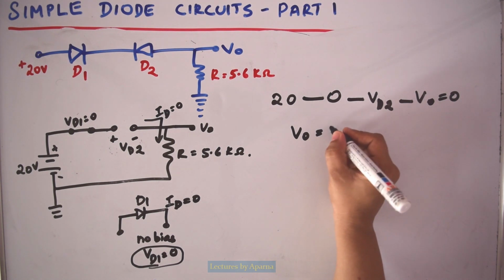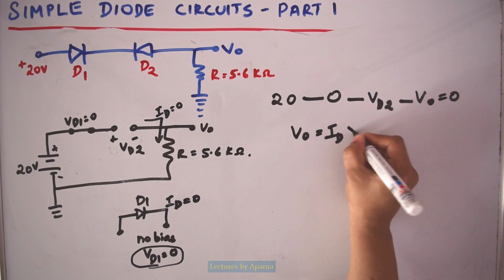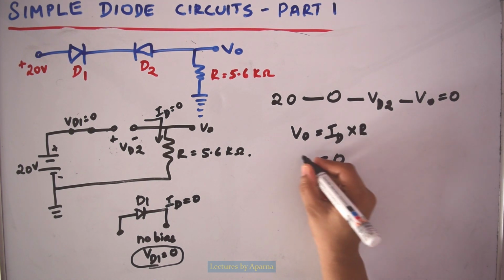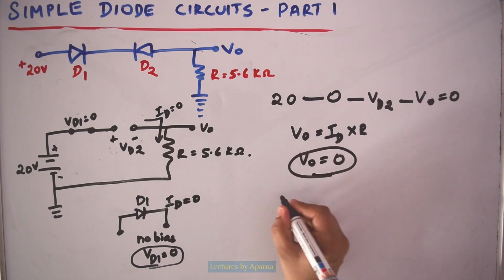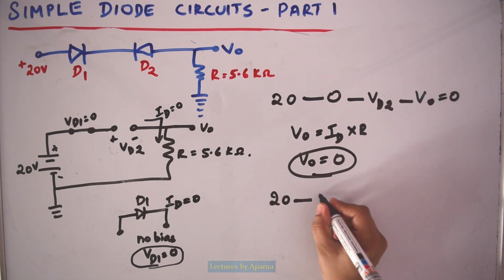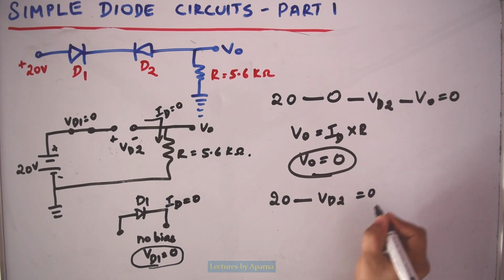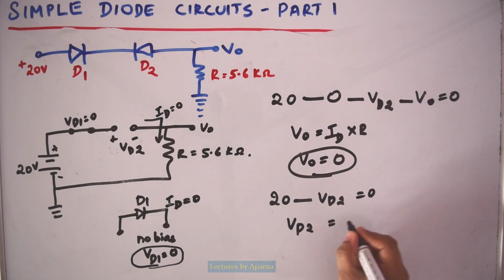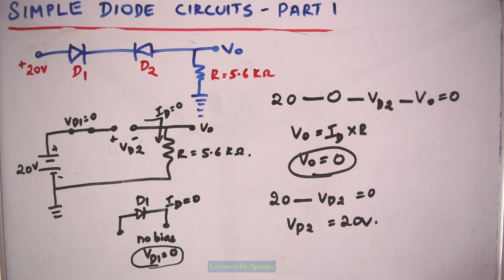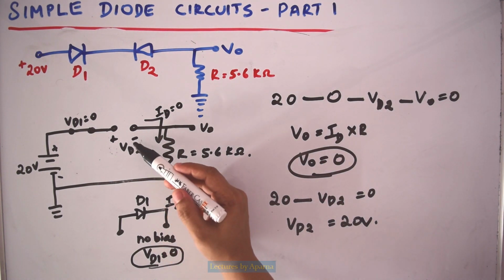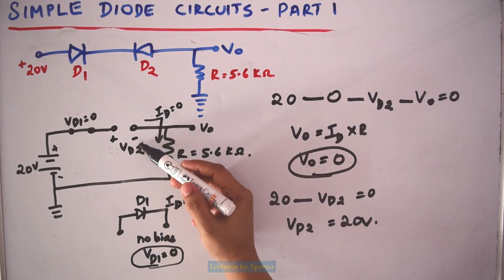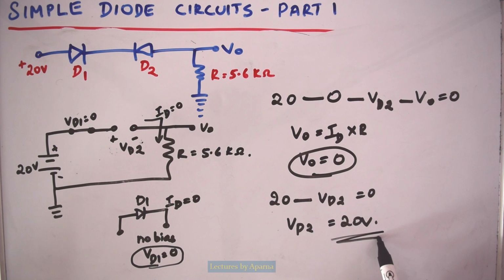V0 is equal to ID into R. ID is 0 here, so V0 will be equal to 0. So you get 20 minus VD2 equal to 0, or VD2 equal to 20 volt. So across this open circuit there will be 20 volt.